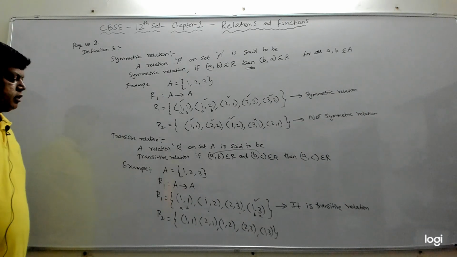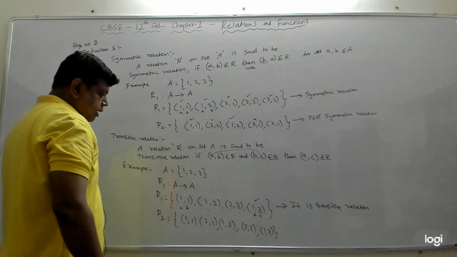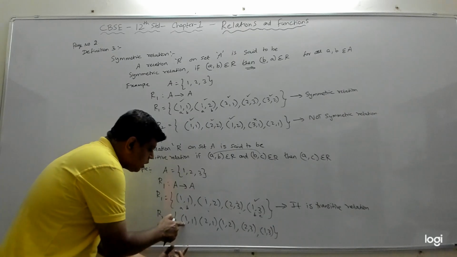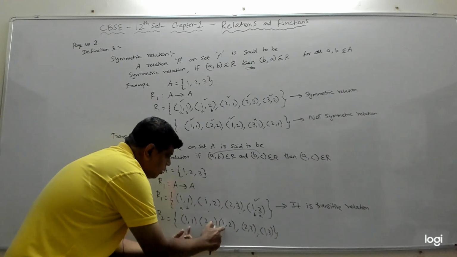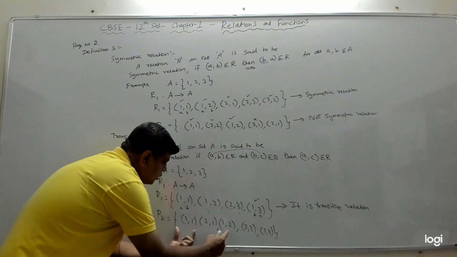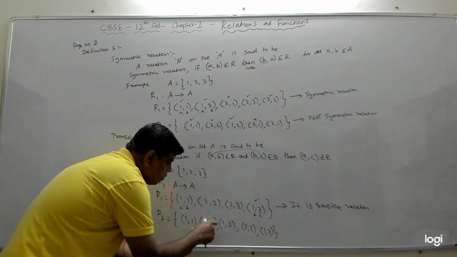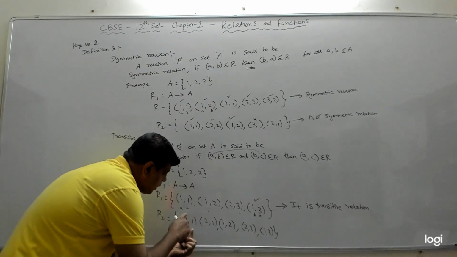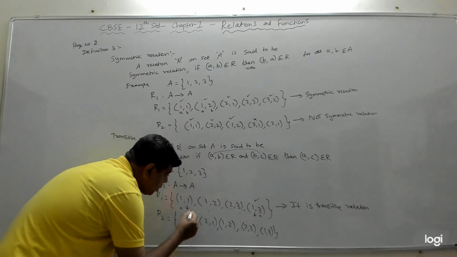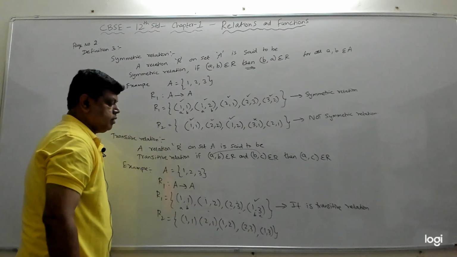Now let's take them one by one. Let's take two pairs. This is 1 comma 1. Now we need to check the element which starts with 1. This is 1 comma 2. So let's take 1 comma 1 and 1 comma 2, which means A comma B, B comma C, then A comma C should be there, which means 1 comma 2 should be there, which is there.